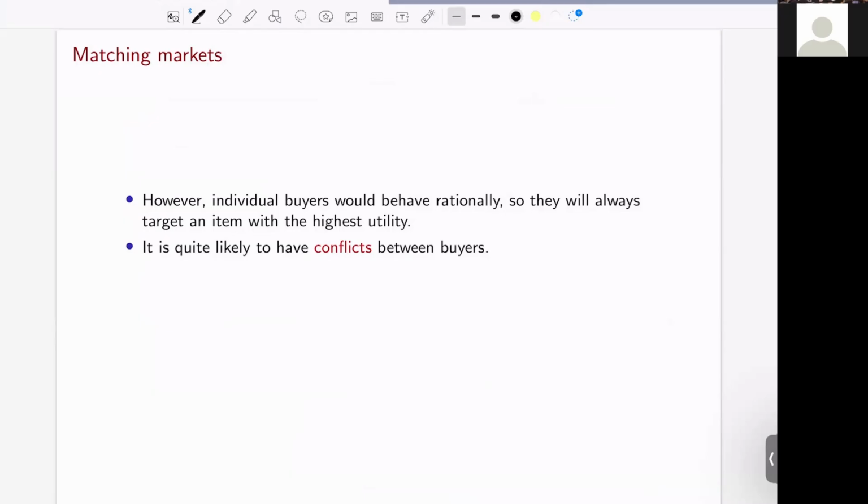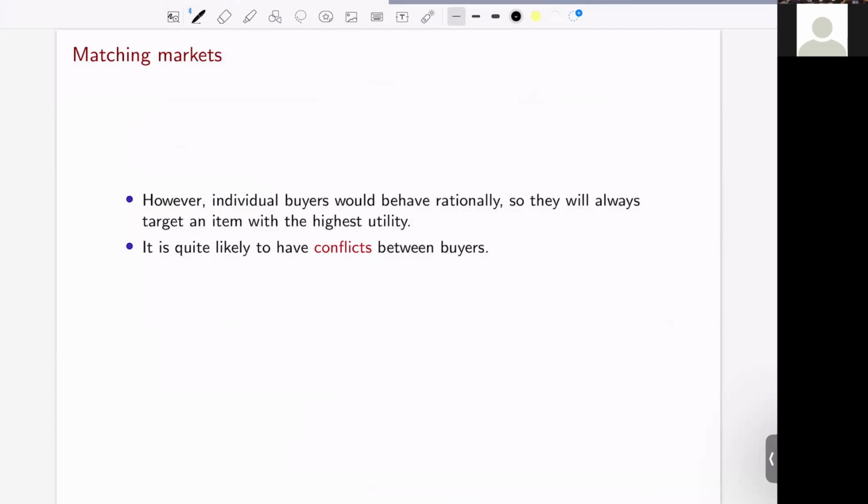In that case, we cannot assign this single item to two people. This is a competition situation. Maybe this item is too popular. Then to avoid this conflict, as a mediator, I can increase the price of it.